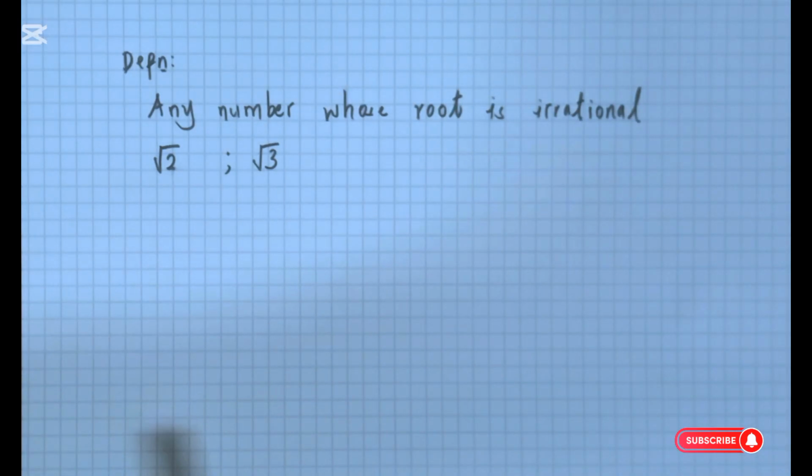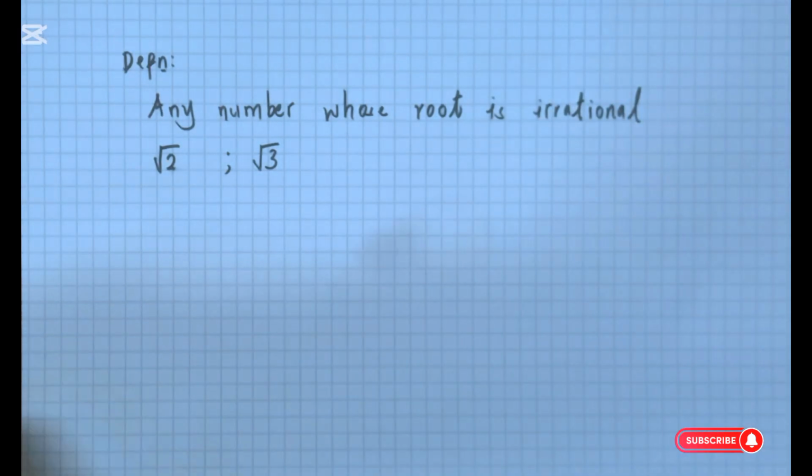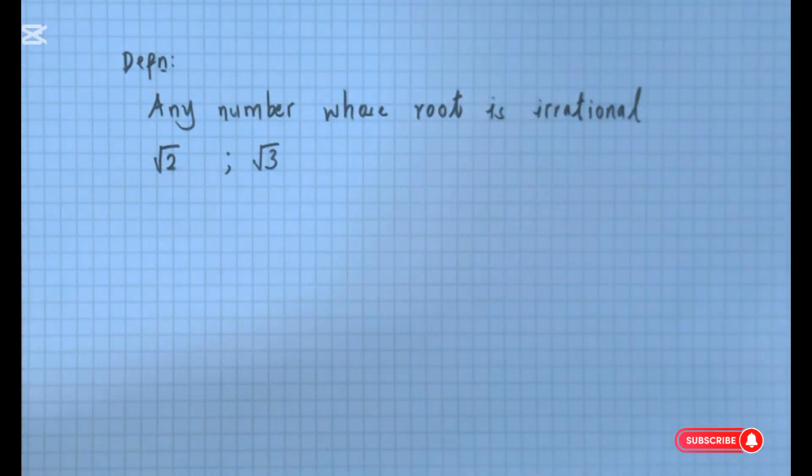Basically, it is an irrational number. So anytime you have a number whose root is irrational, we say that that number is a surd.